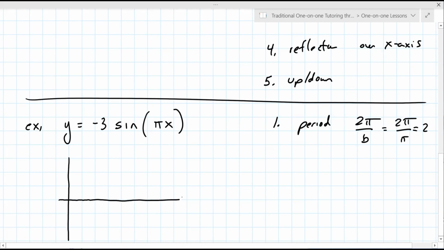Now, you can choose to compress this into 2 grid spaces, or you can arbitrarily choose where you want 2 to be, because I'm not pre-assigning these. I like to put 2 out here. But if your instructor gives you a piece of paper that says that's 2, then you've got to go by that 2. Don't limit yourself.